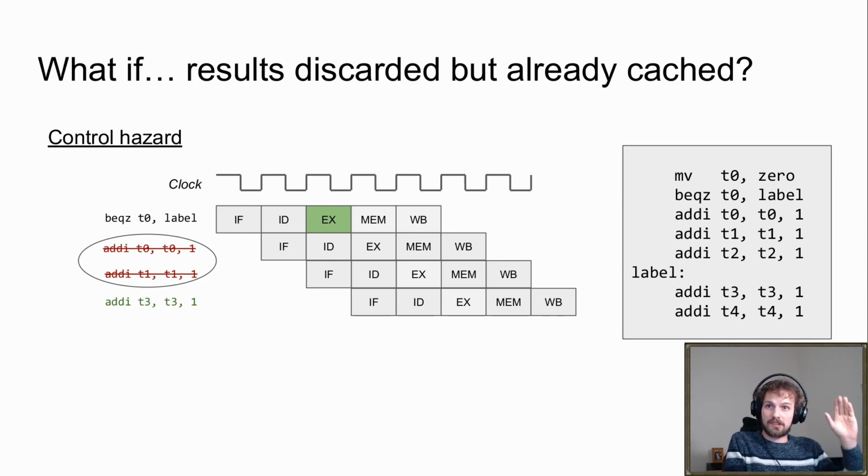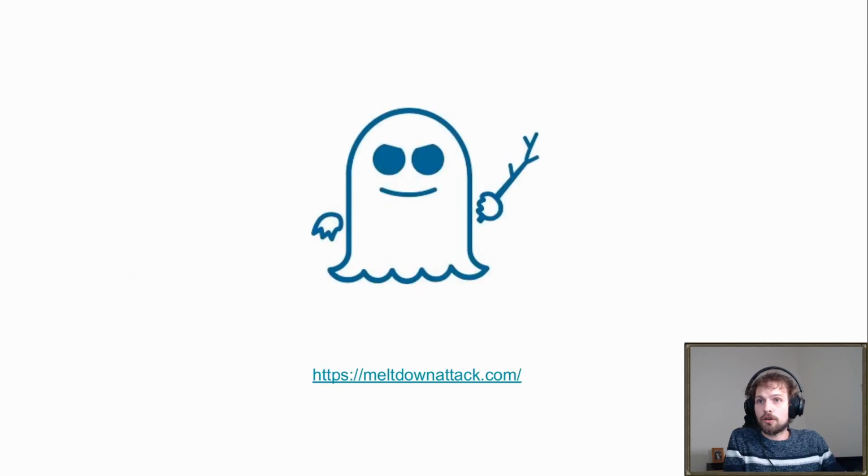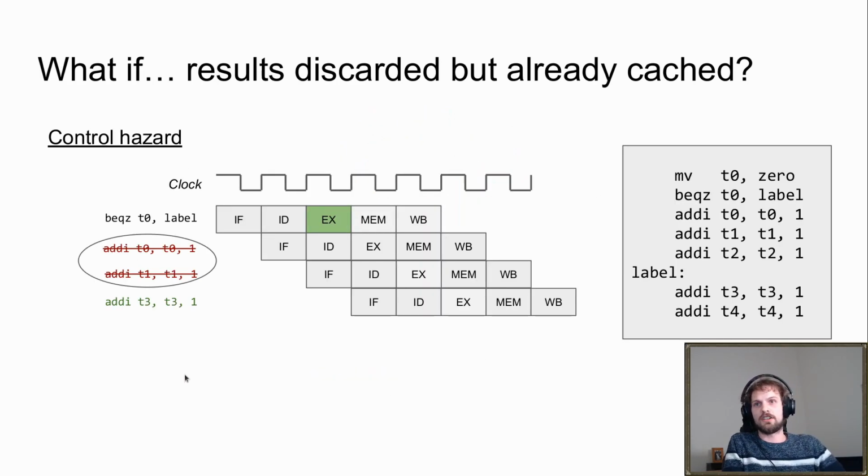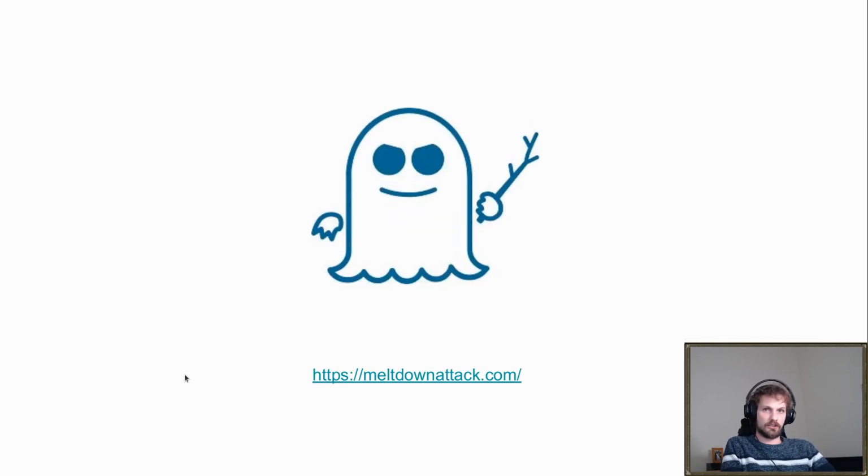If you know the cache layout and you know what memory location was cached, you can derive from that what the index was. And if this index was a secret value, then you had a Spectre gadget. So a lot of explanation, probably not the most clear one ever given about Spectre, but definitely check it out. It's all about these instructions that are discarded still having an effect on the microarchitecture.